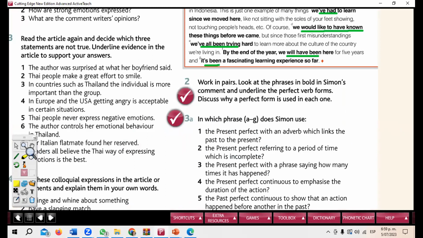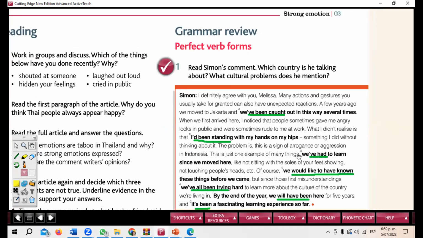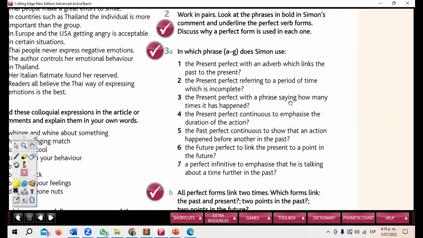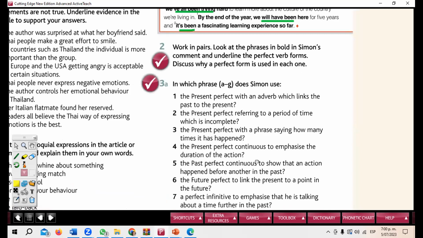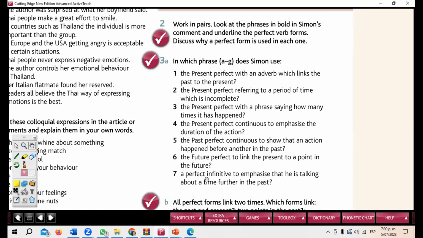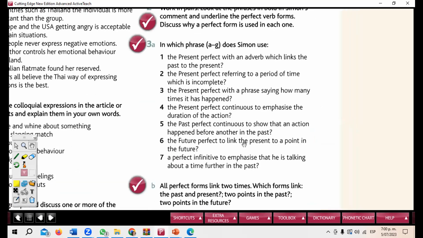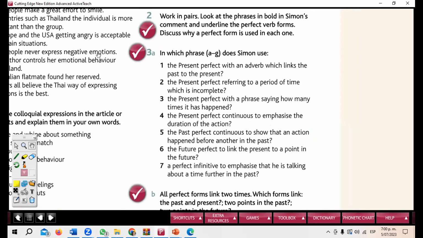In which phrases A to G, so the sentences that we have here in the text, does Simon use the present perfect with an adverb that links the past to the present, okay? So you're going to analyze each situation. Let's analyze it, and then you are going to select the sentence. For example, sentence A, B, C, or D, okay? For point 3A on page 19. Let's have 5 minutes, 6 minutes. And please let me know when you are ready so we can check these answers together.